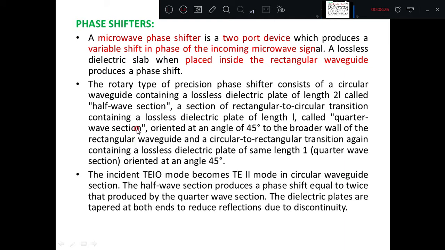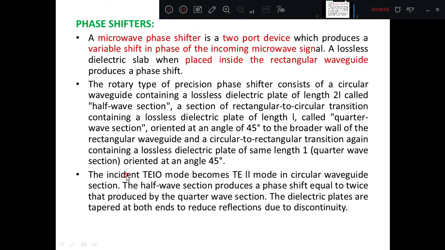Its length is less than the half wave section, and this quarter wave section of length L is oriented at an angle of 45 degrees to the broader wall of the rectangular waveguide. And a circular to rectangular transition again contains a lossless dielectric plate of the same length L, which is also oriented at an angle of 45 degrees.